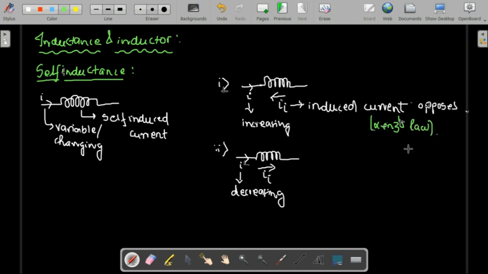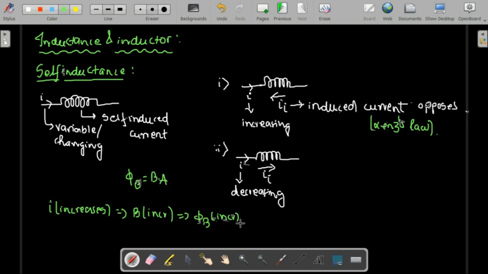So what do we conclude here? This is very much connected to our last class. If I increases, the magnetic field will definitely increase, and if the magnetic field increases, the flux will increase, because flux is B dot A. Because of this increase, or changing flux, you are going to get an induced EMF.